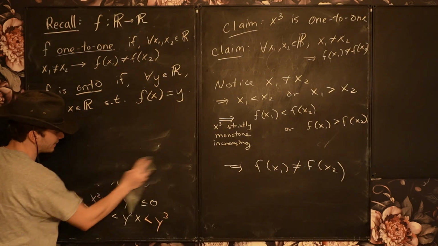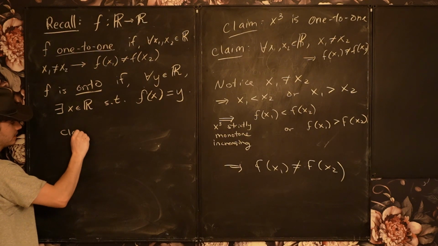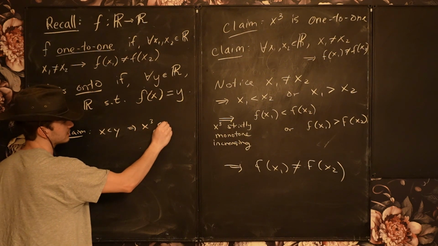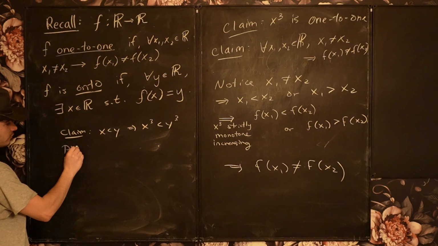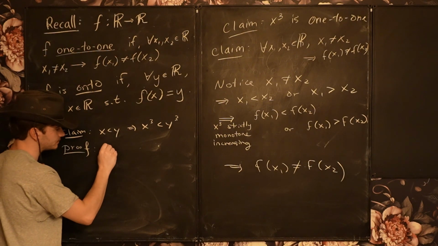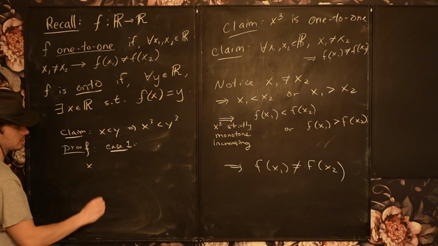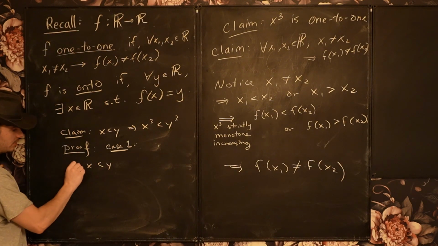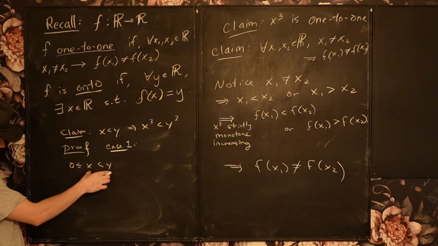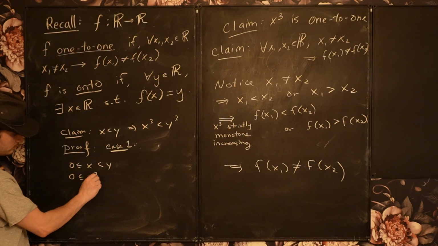But now that we've done this, we can actually write the proof. So my claim is that x less than y implies x cubed is less than y cubed, and the proof is what we already just did. So case 1: we had x less than y, and both of these were positive, in which case we multiplied by x squared on both sides.